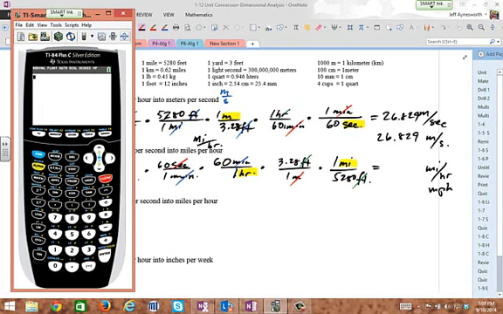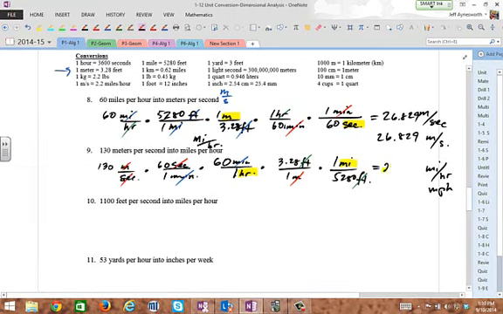Clear out 130 and then times 60 times 60 times 3.28, divided by 5,280. Enter. And you get about 290.727 miles per hour.